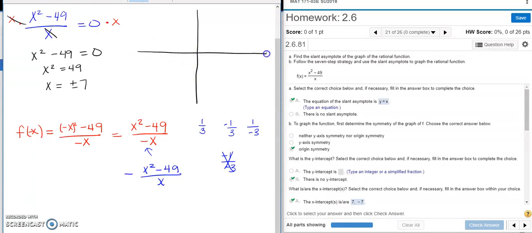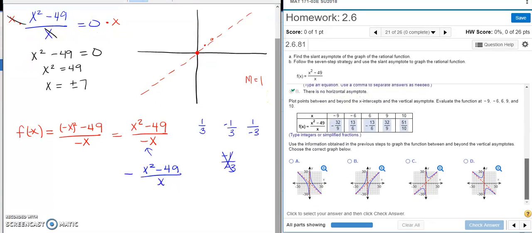Y equals x, if I'm graphing, has a y-intercept of 0 and a slope of 1 because it's got a 1 in front of the x. So it's up 1 over 1, up 1 over 1. So you end up with this diagonal line as your slant asymptote.